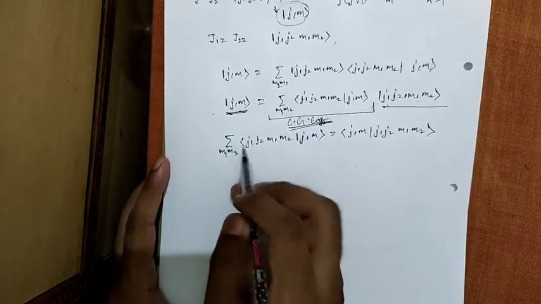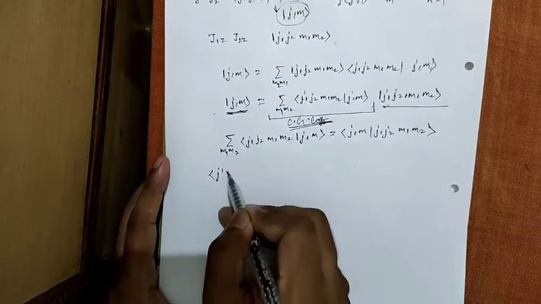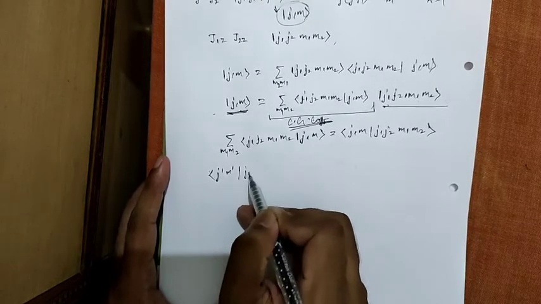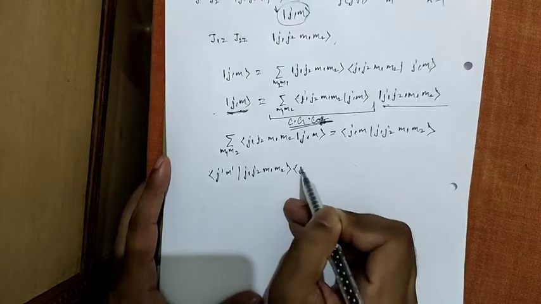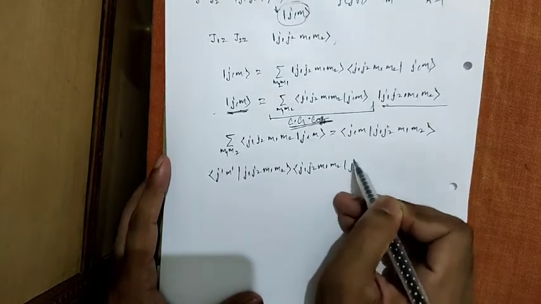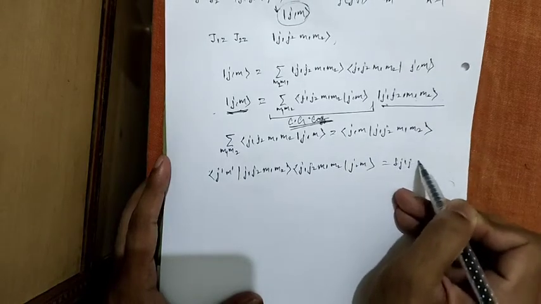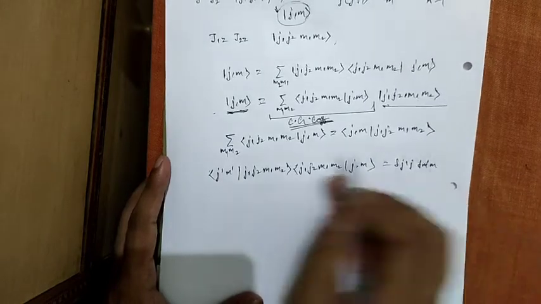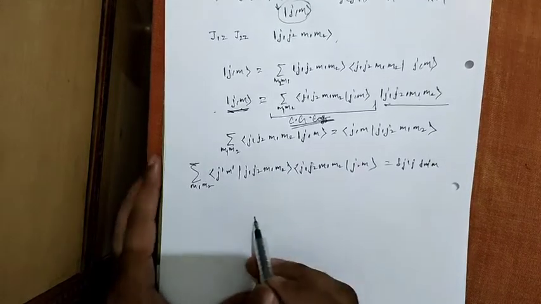The orthonormalization of the CG coefficient is <J'M'|J1, J2, M1, M2><J1, J2, M1, M2|JM>, summed over M1 and M2, equals delta J'J delta M'M.